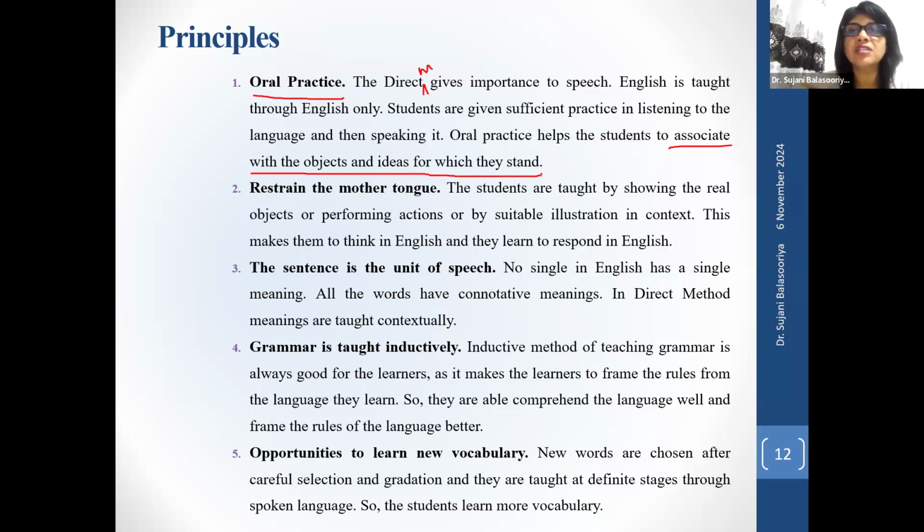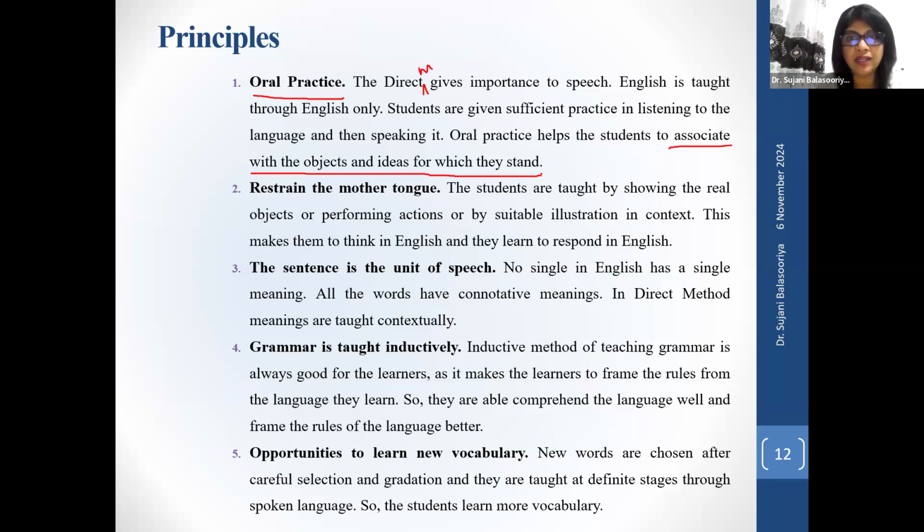The teacher is making the learners think in the target language and express in the target language, associating with the objects and ideas for which they stand, right? Object and idea, both are interrelated here. But in the usual way, what happens is that between the object and the expression, the mother tongue comes in between.